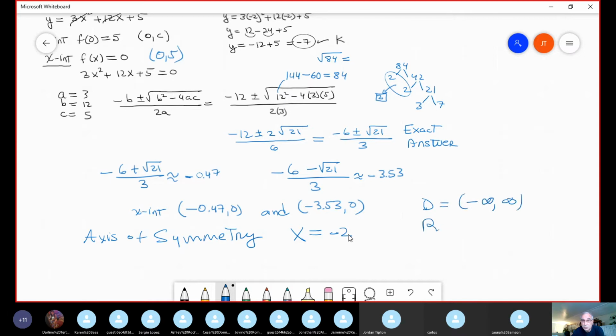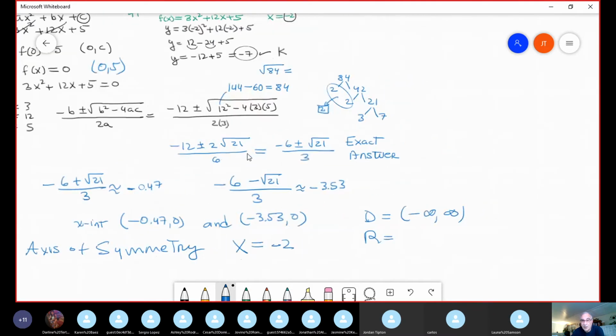But the range is a little bit complicated. This parabola opens up, like that. The range is from this point to positive infinity. This point is negative 2, negative 7, so the range is bracket negative 7, to positive infinity.